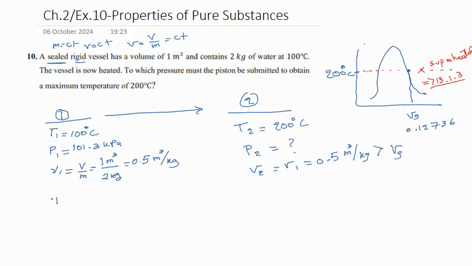So from the table, we will interpolate between 400 kilopascal and 500 kilopascal.